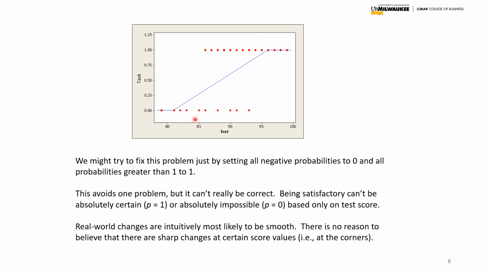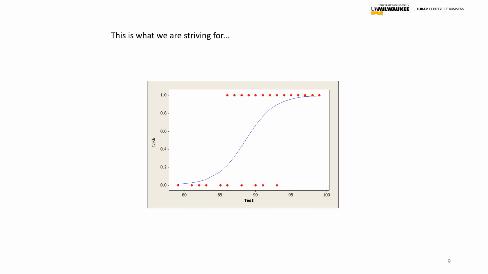On the other end, we surely don't want to believe that certain low scores mean absolute failure. Furthermore, the kink is just too sharp. In reality, transitions are more realistically going to be smooth and not so abrupt. So we're striving for something that looks like this.